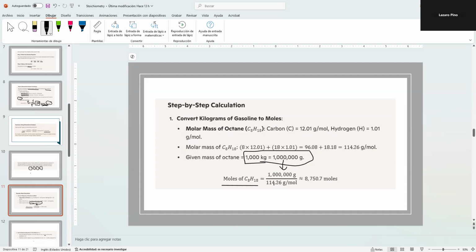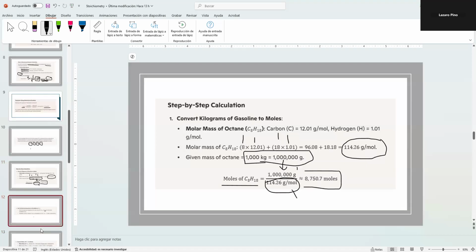And then you divide by the molar mass of octane. As you know, you have 8 carbon plus 18 hydrogen, and you get that the molar mass is 114.26 grams per mole. Then you divide grams by molar mass, and you get the number of moles of octane that you have in this reaction.